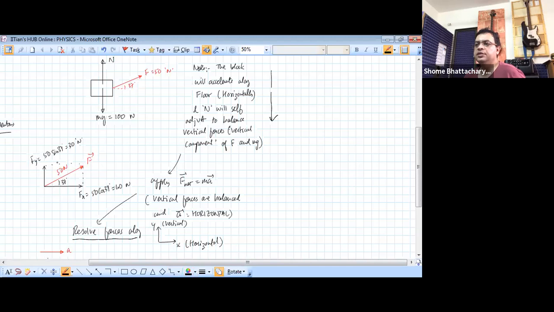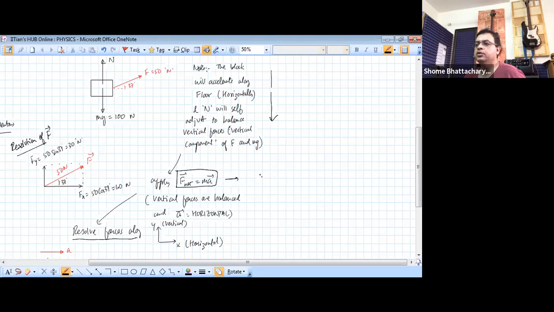So this diagram here is showing you the resolution of the force F into horizontal and vertical components. Is it clear, Shikhar? This same equation we now have to apply, but in what way? By taking component algebra.